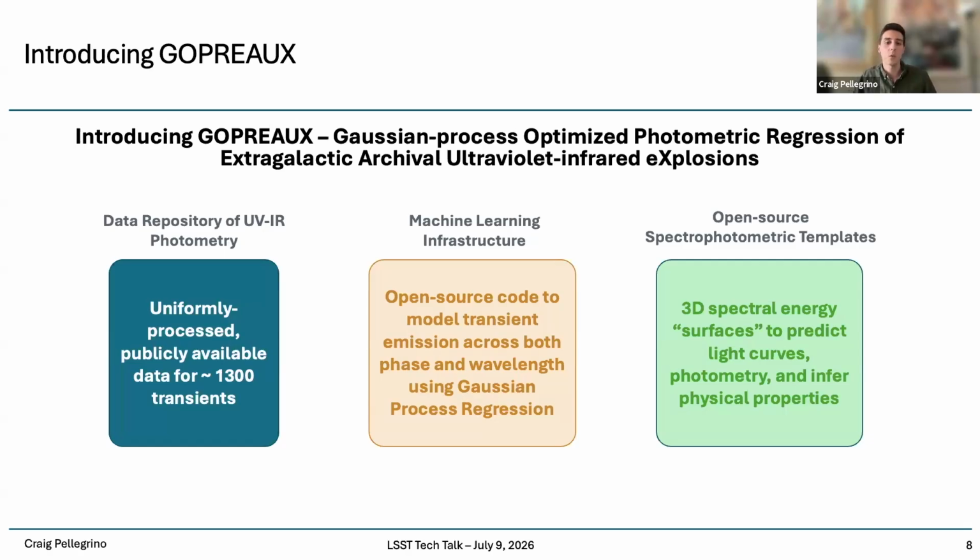And then finally, we have these final open source spectrophotometric templates, which are essentially these 3D spectral energy surfaces that can be used to predict things like different light curves, SEDs, photometry, or classify supernovae at any arbitrary phase, wavelength, or redshift. So for the remainder of this talk, I'll describe each of these features in a little bit more detail, and then give some examples of the different validations of the template models that we produce with GOPREAUX.